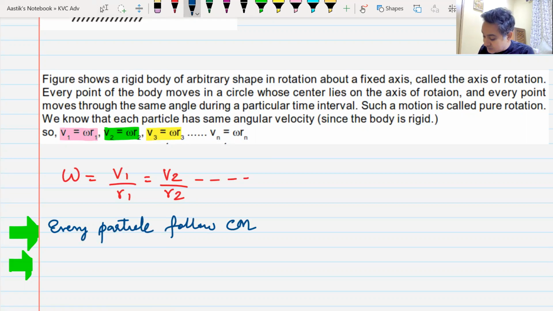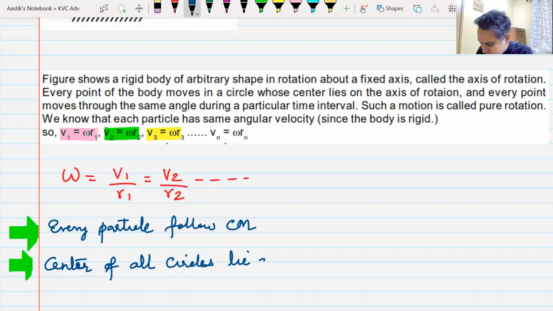The center of all circles lies on the same line. That line is known as the axis of rotation, and their common angular velocity is known as the angular velocity of rotation. Do we understand this?